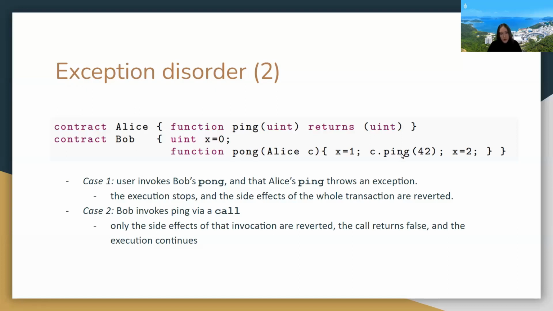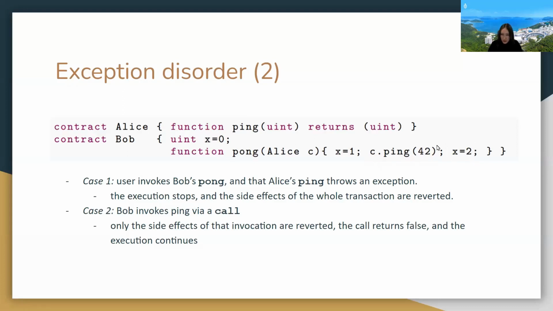So if here instead of c.ping we put c.call, it would return false, the execution would continue, and the x value would be set as 2.